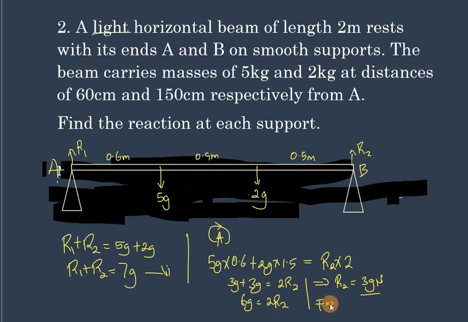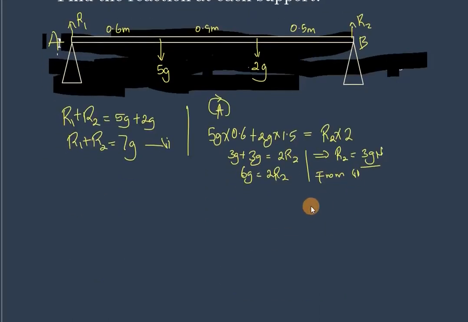And now from equation 1, we have that R1 plus R2, which is 3G, shall give 7G.